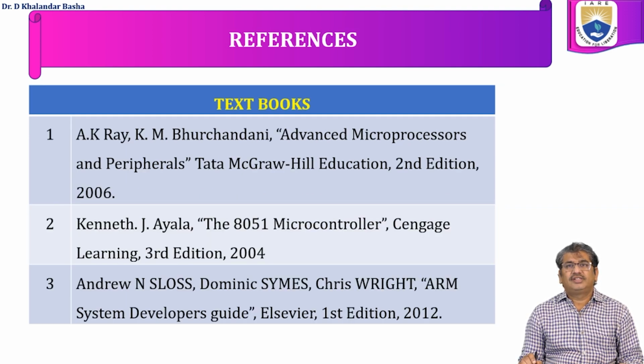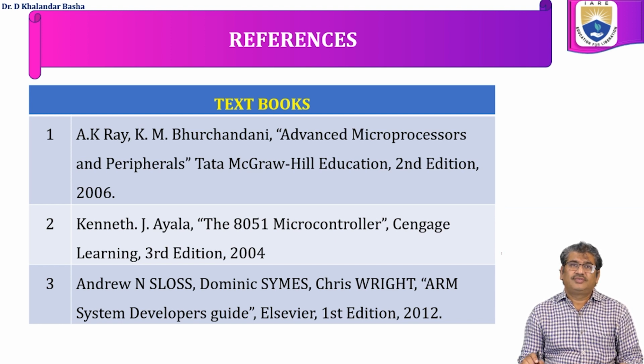References: the various textbooks we can prefer for learning the microprocessor and microcontroller course are: A.K. Ray and K.M. Bhurchandi, Advanced Microprocessors and Peripherals, Tata McGraw-Hill publication. Next, Kenneth J. Ayala, The 8051 Microcontroller, Cengage Learning, 3rd edition. Andrew Sloss and others, ARM System Developer's Guide, Elsevier publication.